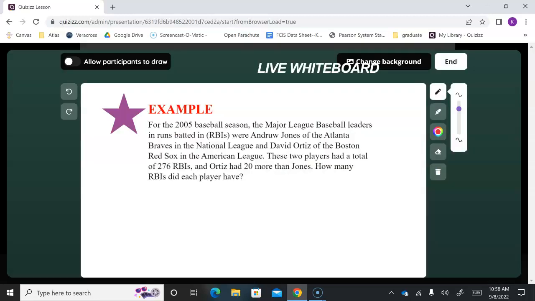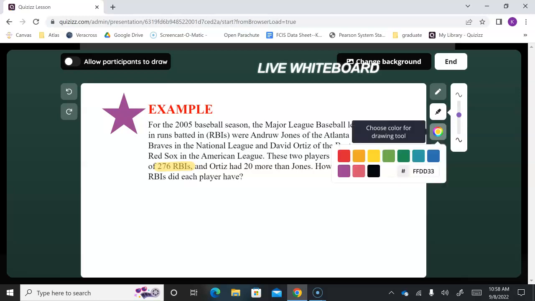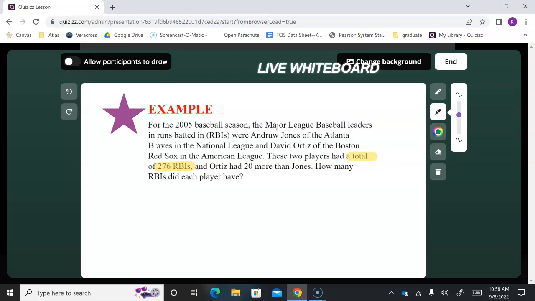So, what's my important information in this problem? Okay, so 276. What about 276? Makes it total. So it's a total of 276. And then Ortiz had 20 more than Jones. So when I'm finding a total, what am I usually doing? Adding.